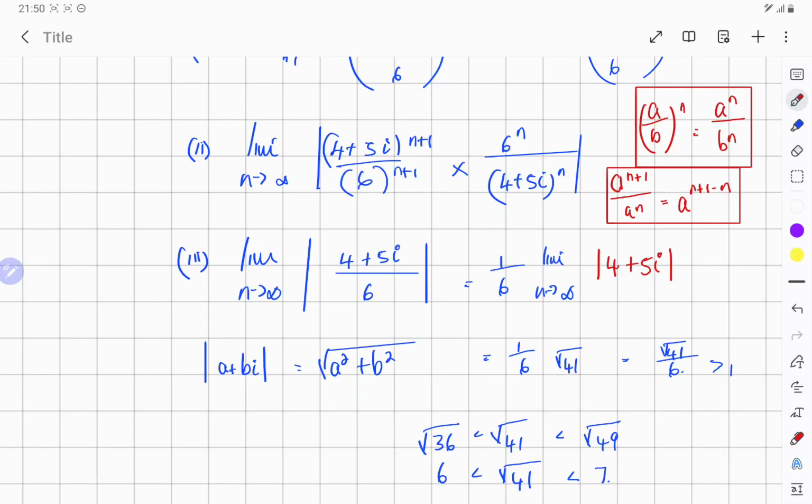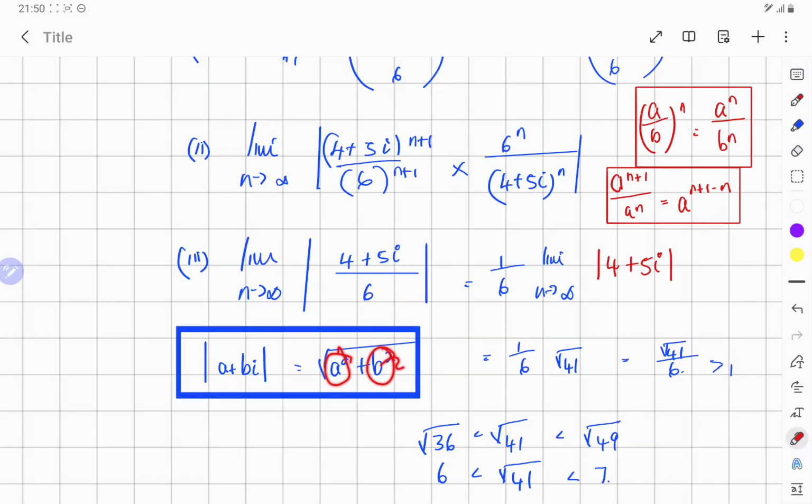Now, very important to remember the magnitude of a complex number. We will do real part squared plus imaginary part squared. Common mistake: students will take the i with, then say a squared minus b squared. No, it's just your real part squared plus your imaginary part squared.